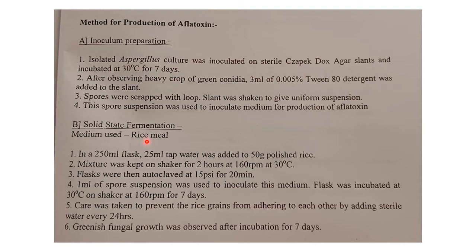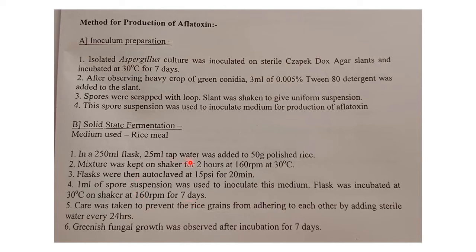The medium used is rice meal. In a sterile 250 ml flask, 25 ml of tap water is added to 50 grams of polished rice. The mixture was kept on a shaker for 2 hours at 160 rpm at 30 degrees Celsius. Then the flask was autoclaved at 15 psi for 20 minutes. Then 1 ml of spore suspension was used to inoculate this medium. The flask was incubated at 30 degrees Celsius on a shaker at 160 rpm for 7 days again.